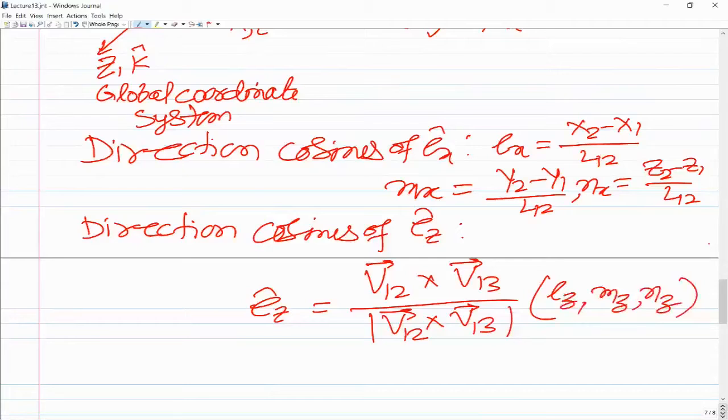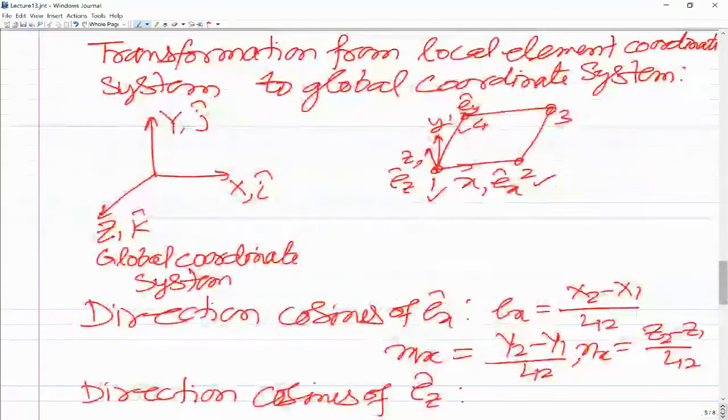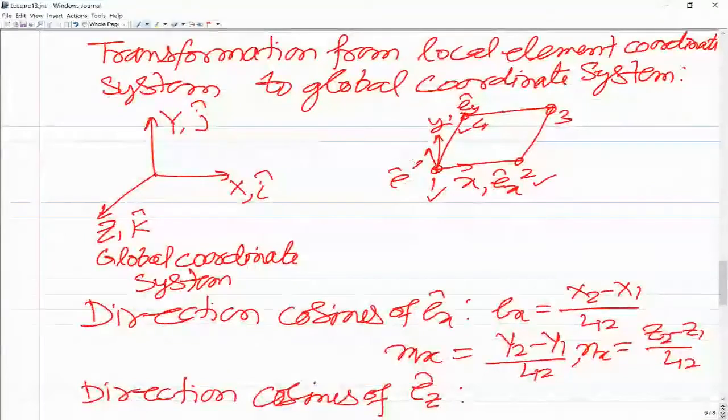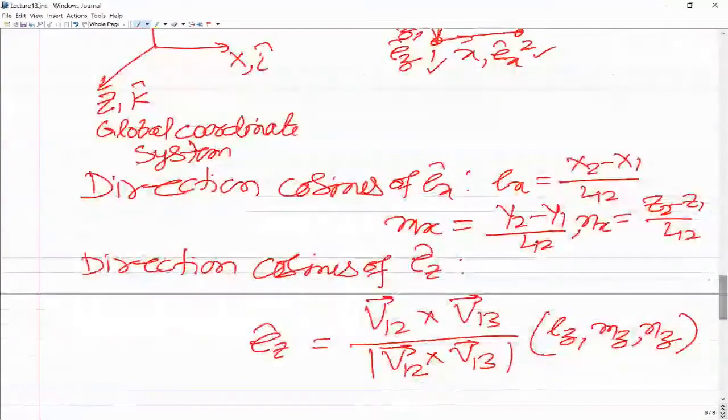Let me write the z as small z, so that I can differentiate between the small z and capital Z. So this is capital Z, and here also this is small z, the local element z axis, and this is also small z.